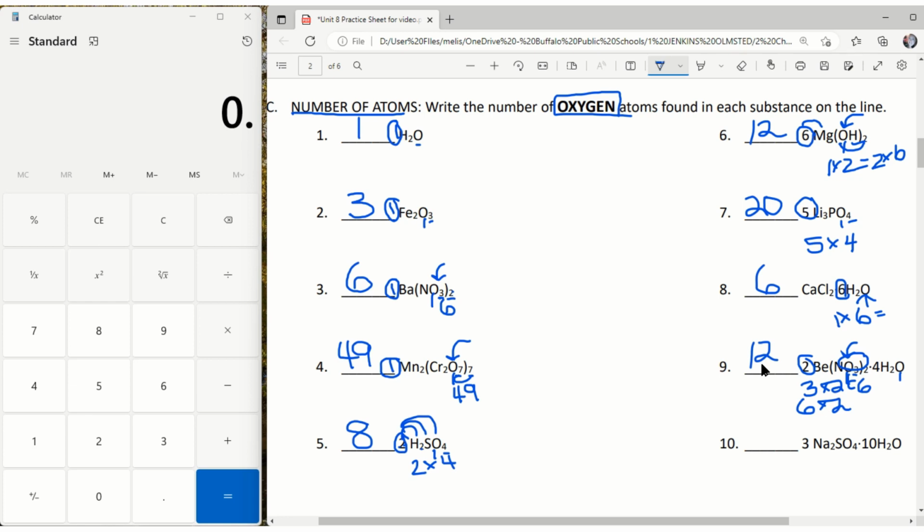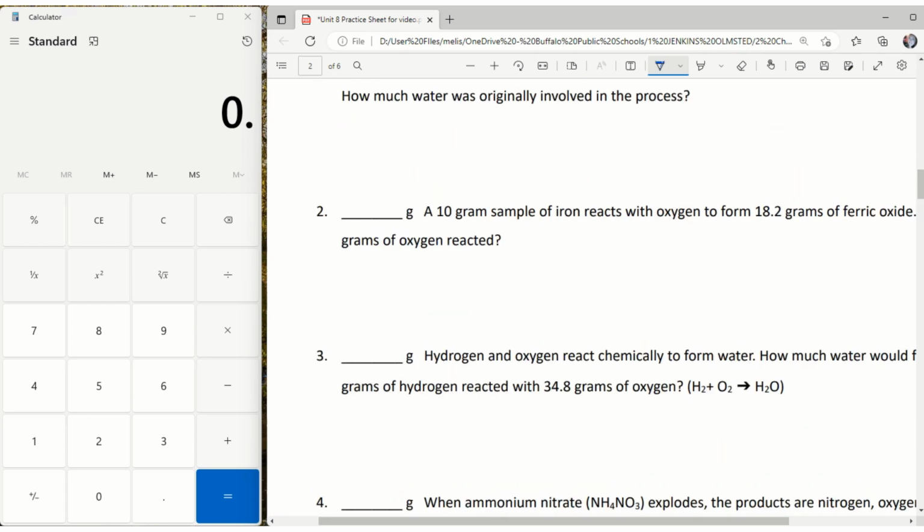I got another oxygen over here. Oh, goodness. Okay, so let's look at this oxygen. Well, no subscript, no parentheses. So I have to multiply it by this coefficient. So I do 1 times 4. Okay, so that gives me 4.